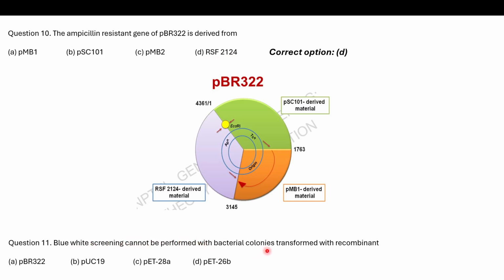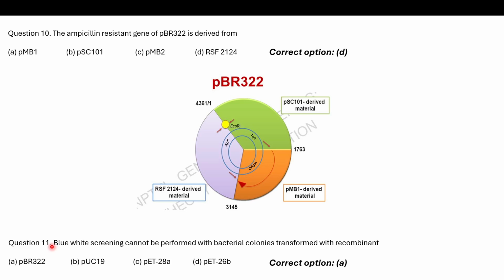Blue-white screening, we looked at it in detail. It cannot be performed with bacterial colonies transformed with recombinant, which of these plasmids? Okay. For blue-white screening to occur, the plasmid should have a lacZ gene insert inside. All these plasmids, pET26b, pET28a, pUC19, have a lacZ gene insert.